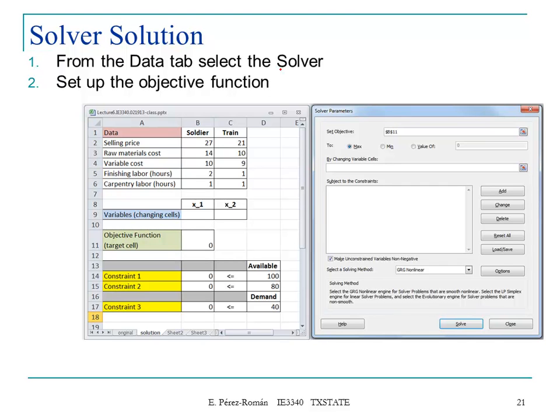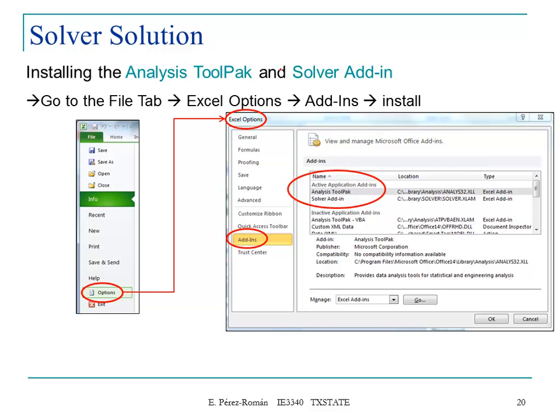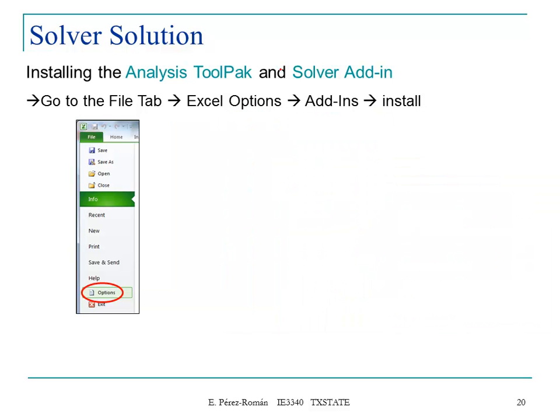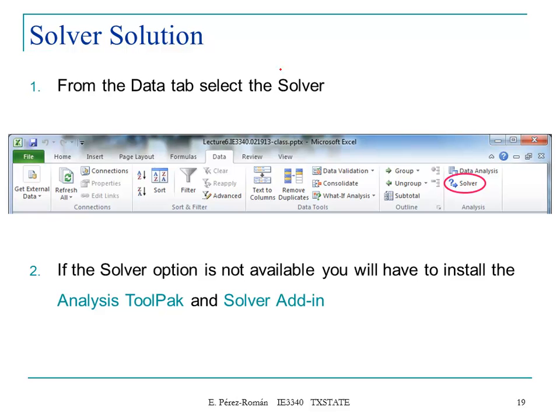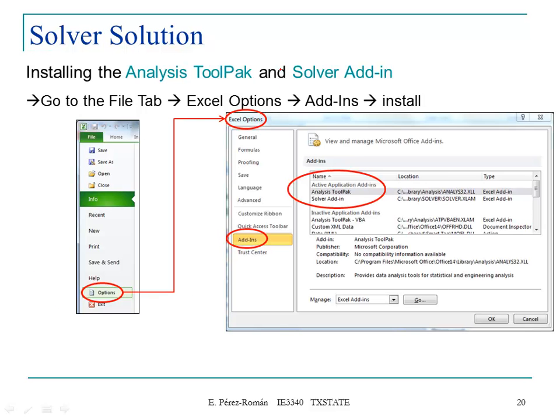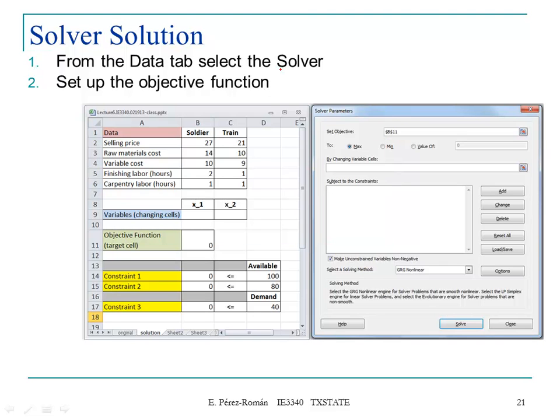Now, using the table we have, from the Data tab, select the solver. So I'm going back here. Let's say you have the solver installed already. You're going to click here, solver, and then you'll see this window, and that's the window that is going to allow you to use the solver. In here you're going to insert the parameters for the LP.